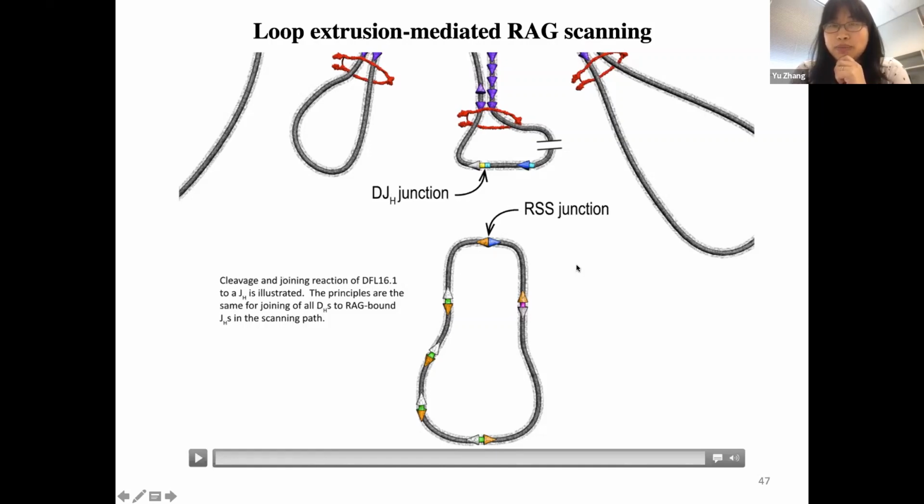So in the Abelson cell line, where you do not have this developmental depletion of WAPL, of course, IGCR1 still serves as a boundary. But in the developing B cells, at which specific stage it loses its ability as a boundary because of the enhanced loop extrusion, I think that is an open question and it's a good question. Yeah. Great.